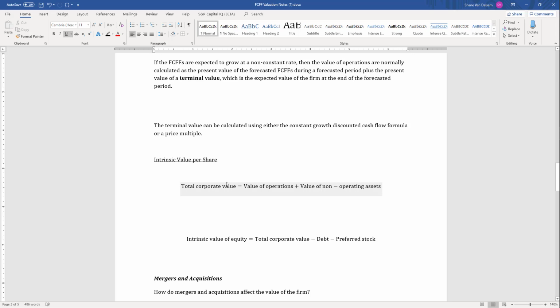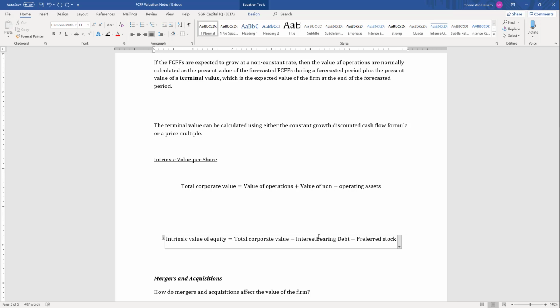So the total corporate value is equal to the value of operations plus the value of non-operating assets. The intrinsic value of equity is equal to the total corporate value minus any debt, and to be specific here, interest-bearing debt. So not just any liability, but those liabilities that generate interest to investors.